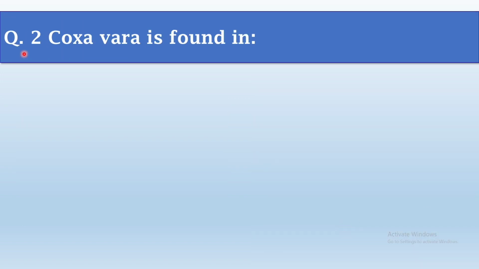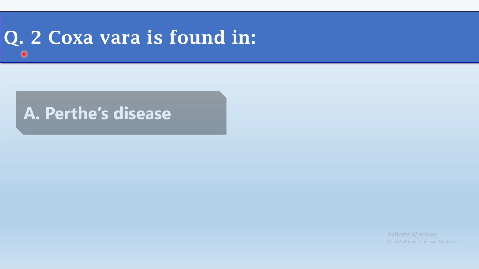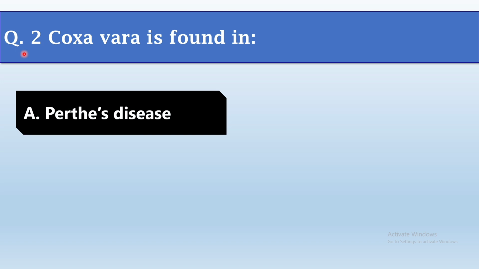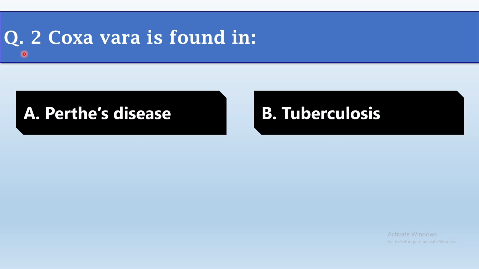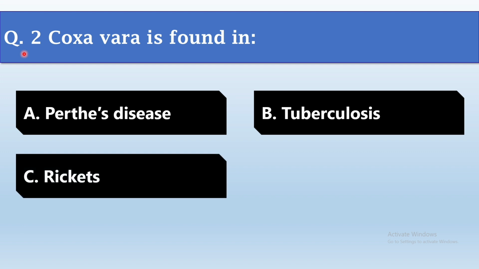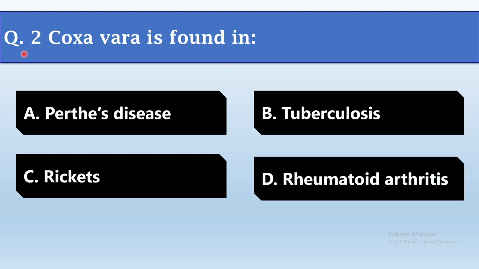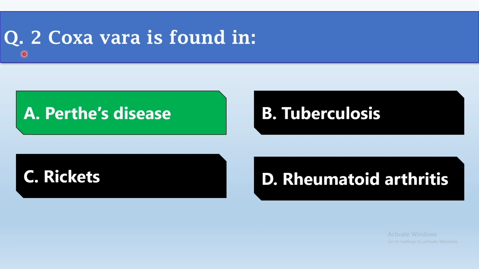Question number 2. Coxa vara is found in option A Perthes disease, option B tuberculosis, option C rickets, and option D rheumatoid arthritis. The answer is Perthes disease. Perthes disease is a rare childhood disorder that affects the hip joint.